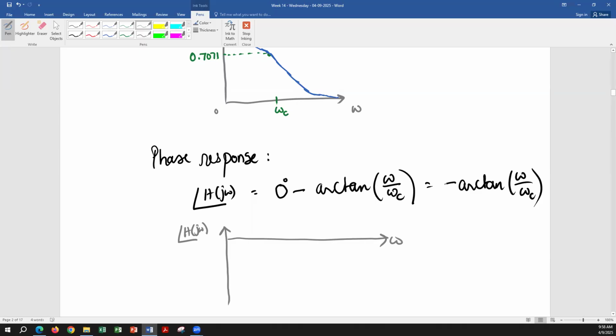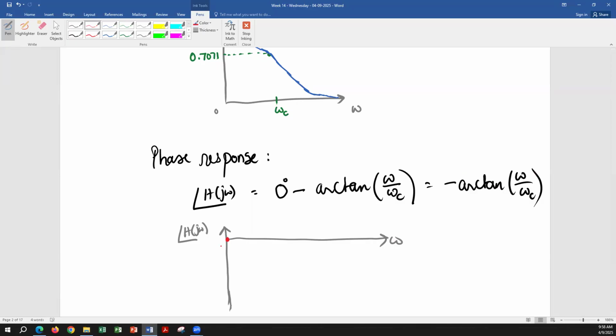That means all the values are going to be negative as we change the value of omega. That's why I put down the negative axis here. So at omega equal to 0, arctangent of 0 is 0.